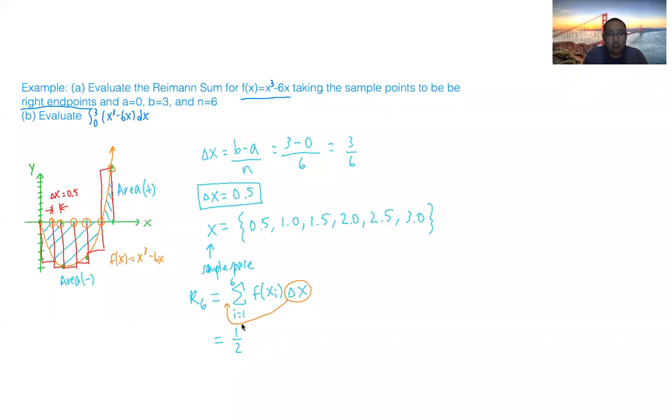It's going to be 1/2 multiplied by the function evaluated at all of our sample space points.